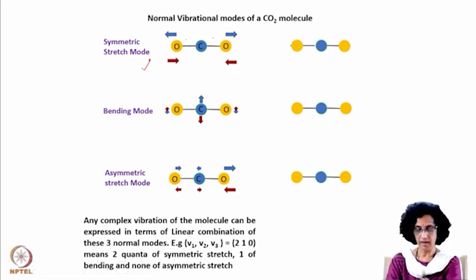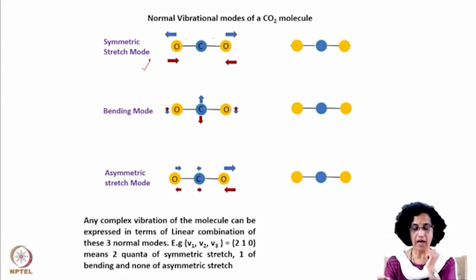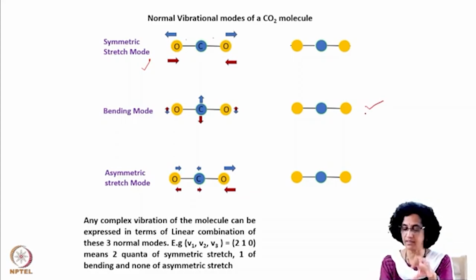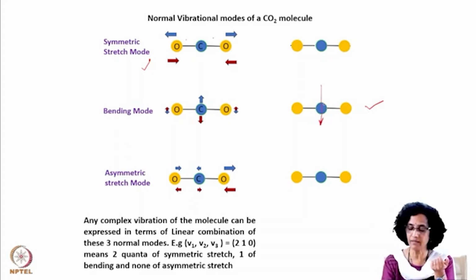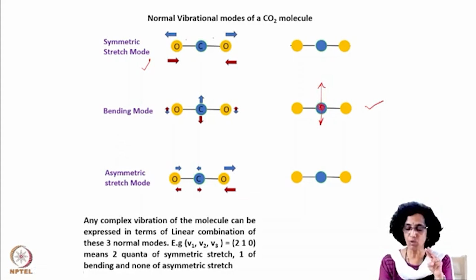And so we also have learned that this is degenerate. Basically, the carbon can go in this plane, or it can go perpendicular to the board, and therefore these two modes are degenerate.